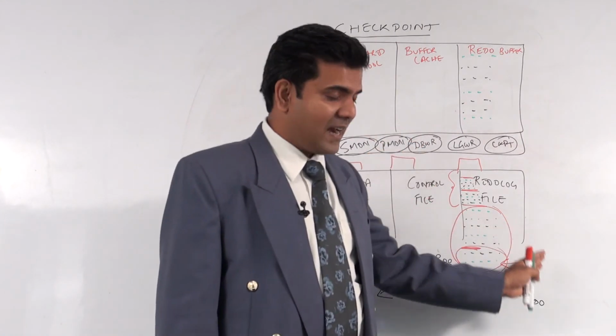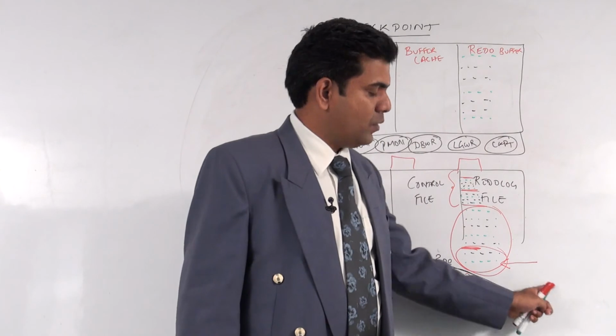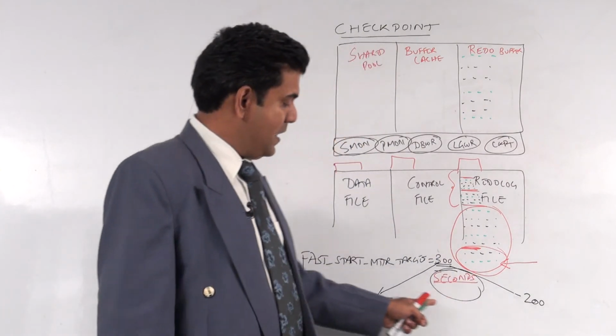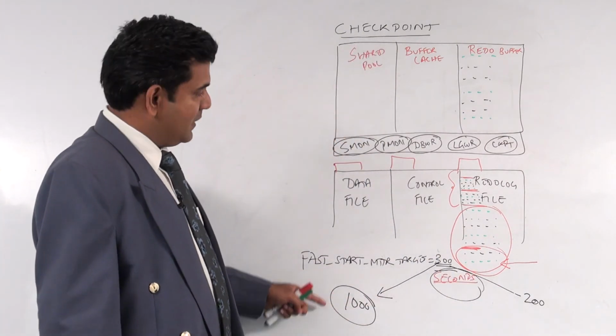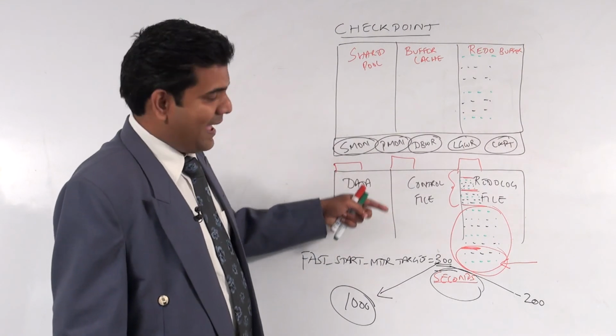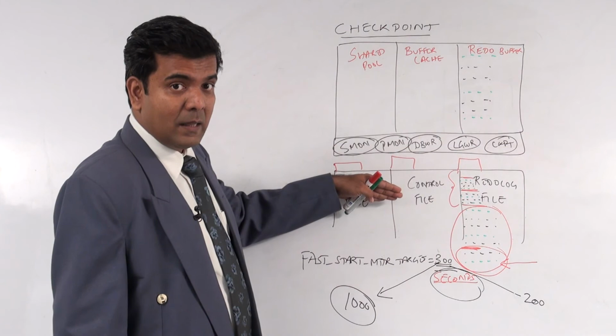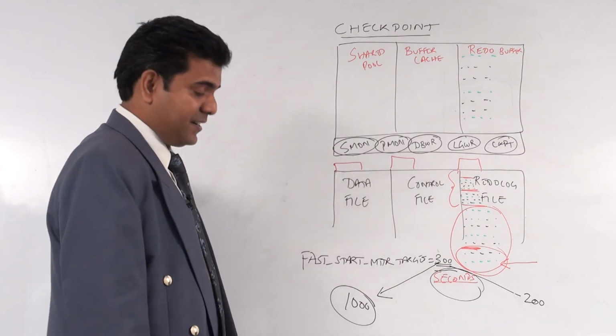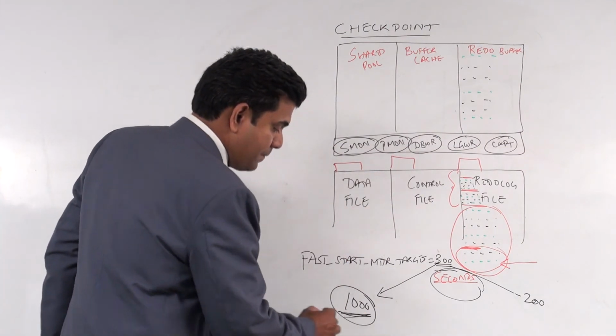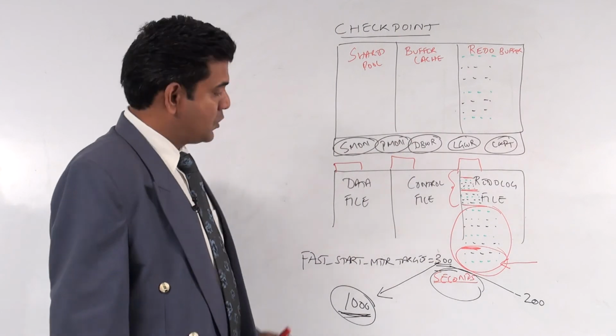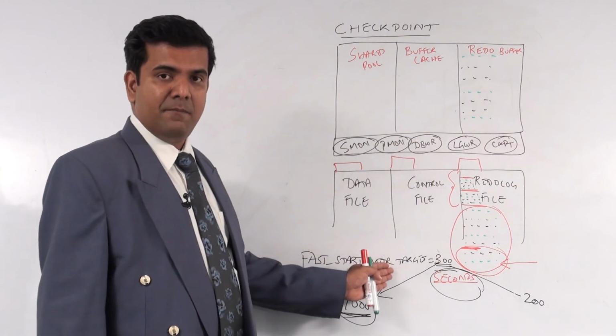But when the instance crashes, it will recover for sure within 200 seconds. On the other hand, if I have a larger value, the frequency of checkpoint will reduce, hence the amount of I/O done will be reduced, but the problem would be that in case an instance crashes, it will take more time to recover. So that is the impact of fast start MTTR target.